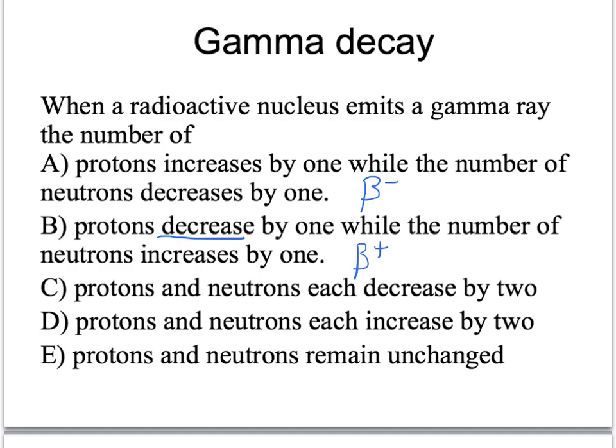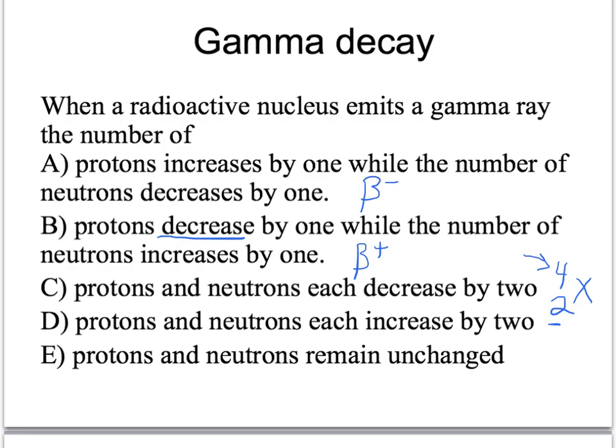C. Protons and neutrons each decrease by 2. What would that be? If your protons and neutrons each decrease by 2, that means you lost 2 protons and 2 neutrons. Remember, atomic mass is protons plus neutrons. And if you lose something with 2 protons and 2 neutrons, you've lost a helium nucleus.